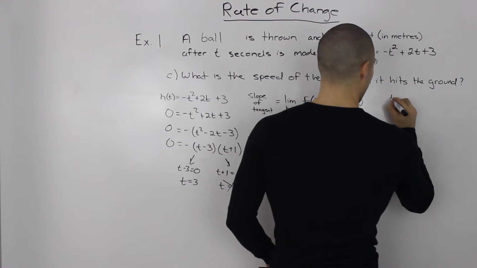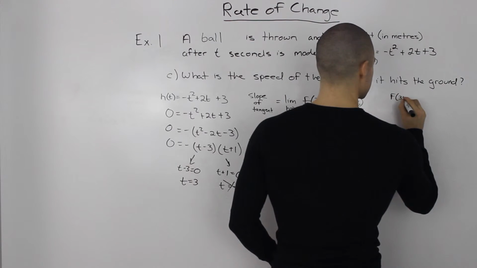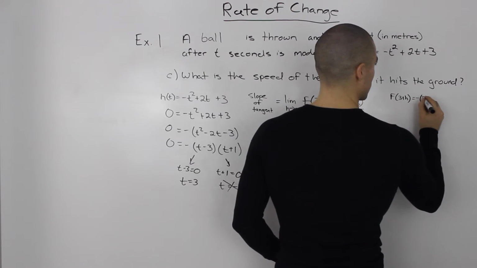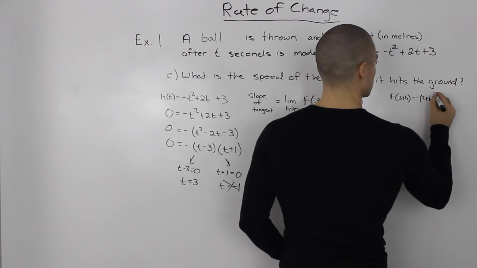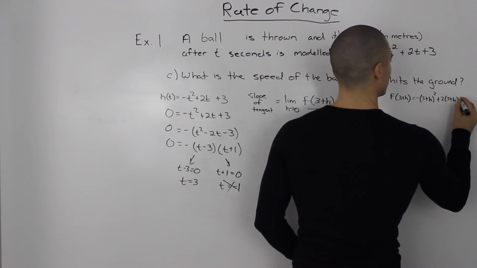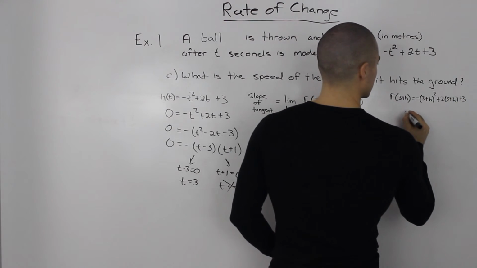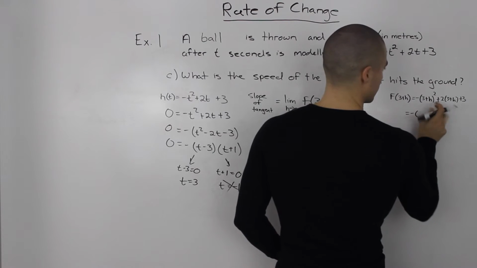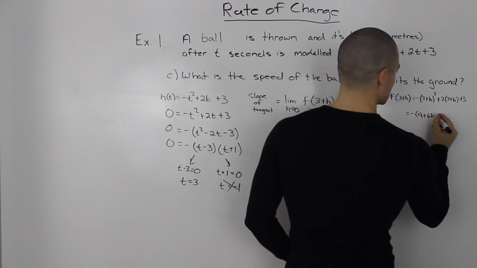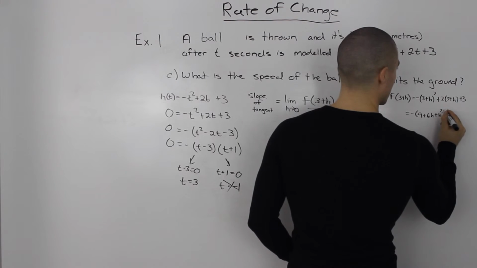So we'll have f of 3 plus h is equal to negative (3 plus h) squared plus 2 times (3 plus h) plus 3. If we FOIL this, we'll end up with 9 plus 6h plus h squared.